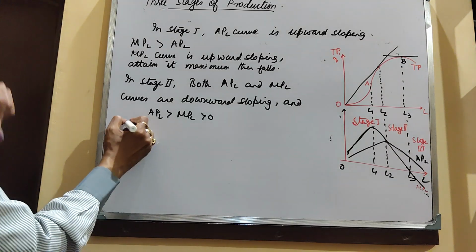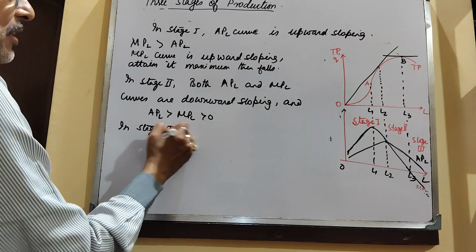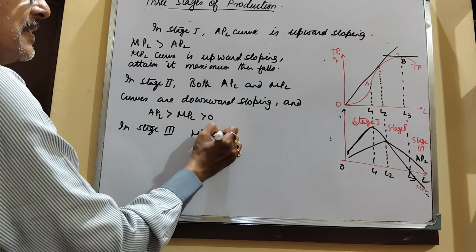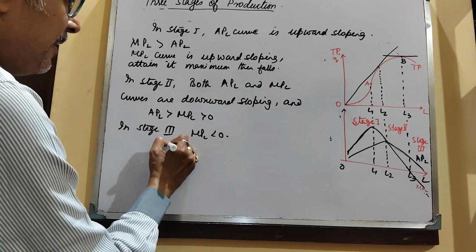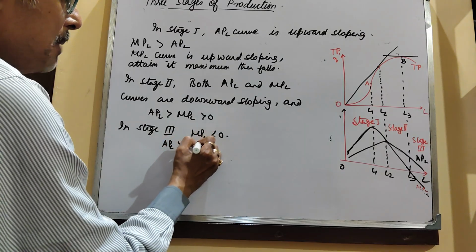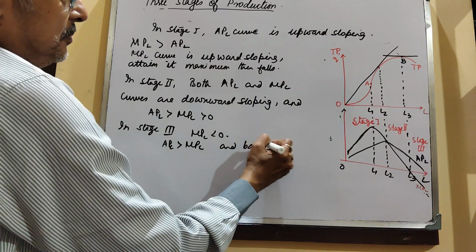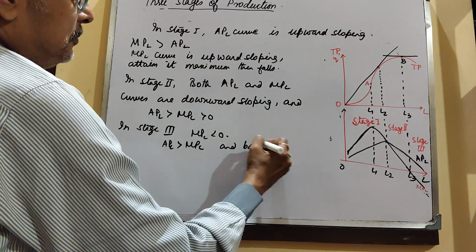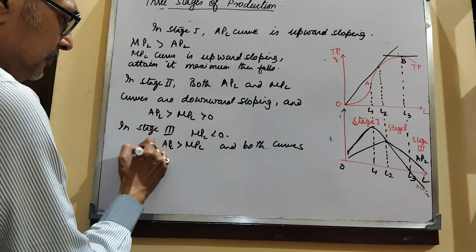In stage 3, MPL is negative, APL is greater than MPL, and both curves are downward sloping.